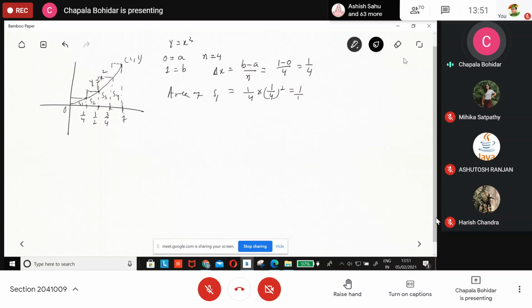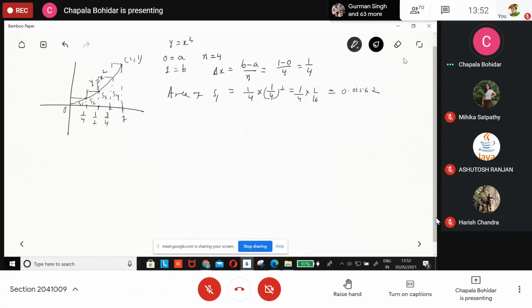So 1 by 4 into 1 by 16 is 1 by 64. What is the value, up to how many decimals? Find out the value. 0.015625.